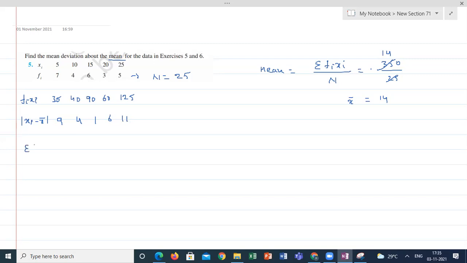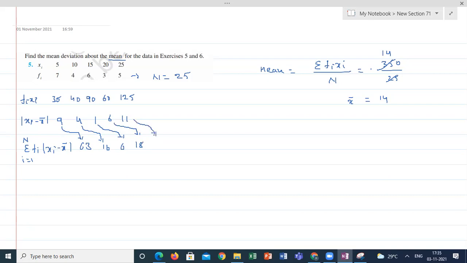And sigma f_i modulus of x_i minus x bar, where i is equal to 1 to N. So you will get 9 into 7, 63. For 4, it is 4 into 4, 16. For 1, it is 1 into 6, 6. For 6, it is 6 into 3, 18.